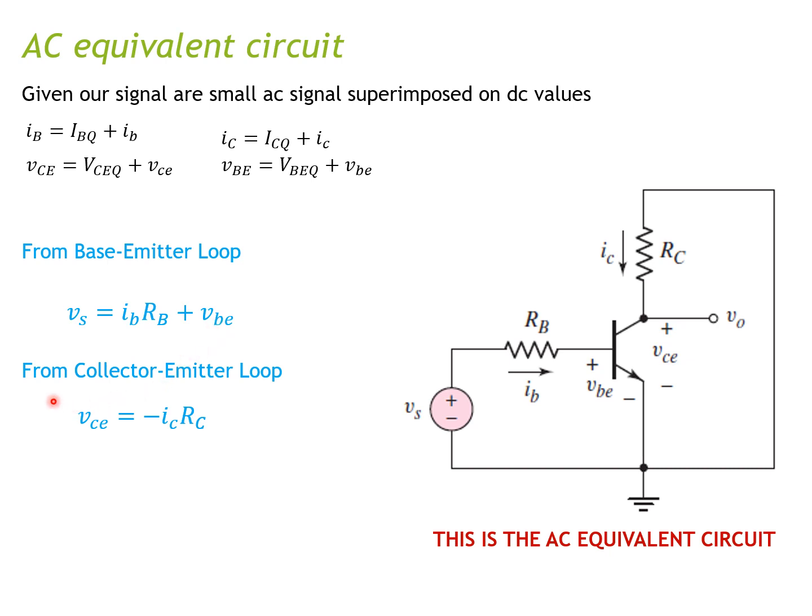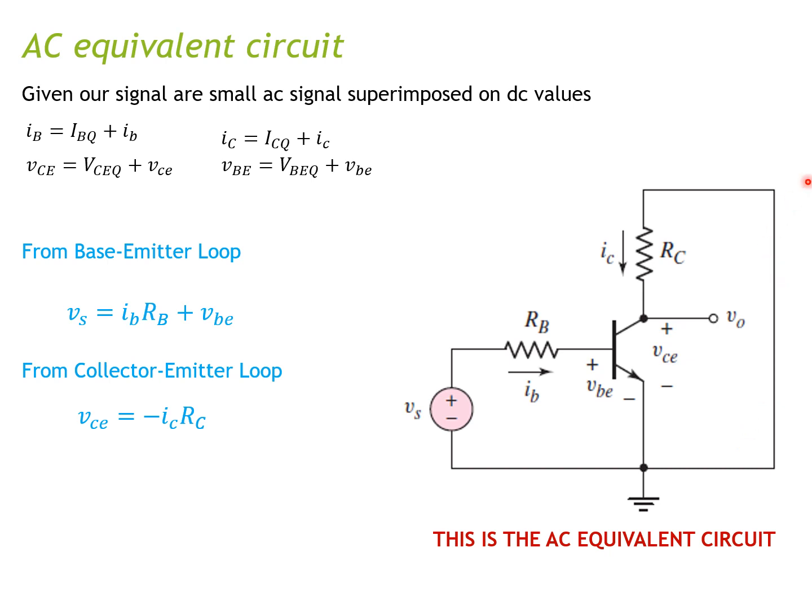When you work with the collector-emitter loop, you have the AC component of the collector-emitter voltage and the AC portion of the collector current. So you have all of the equations that relate all of the AC parameters of your circuit. Therefore, now you can construct your AC equivalent circuit.